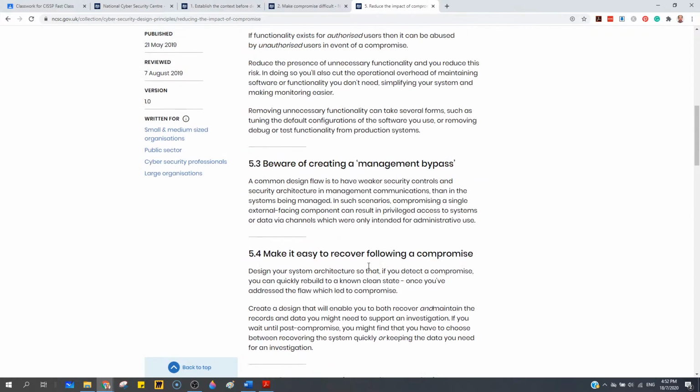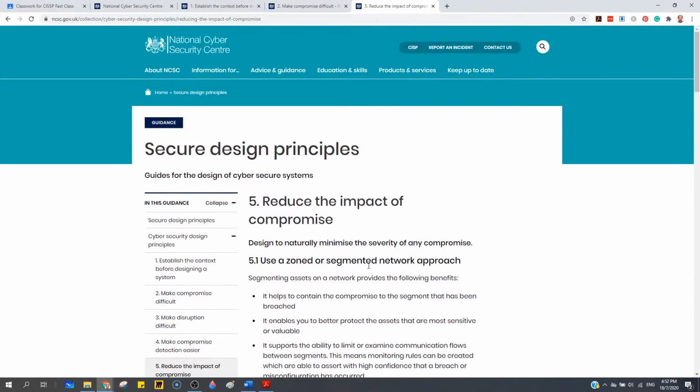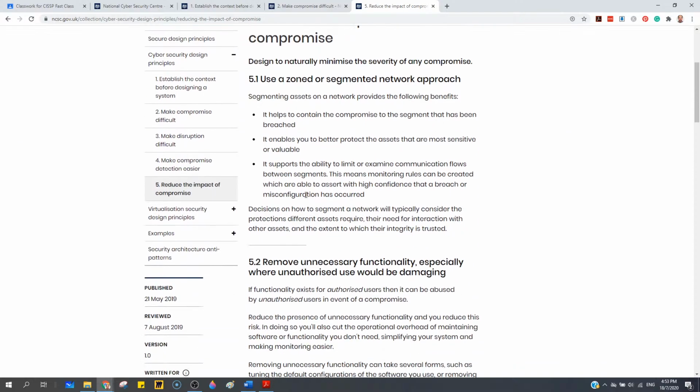So these are the total principles given in the National Cybersecurity Center secure design guidance, which are further grouped into 5 different categories. And as a cyber security professional, you must understand that these kinds of controls and documents are available via which you can understand the whole concept behind cyber security.